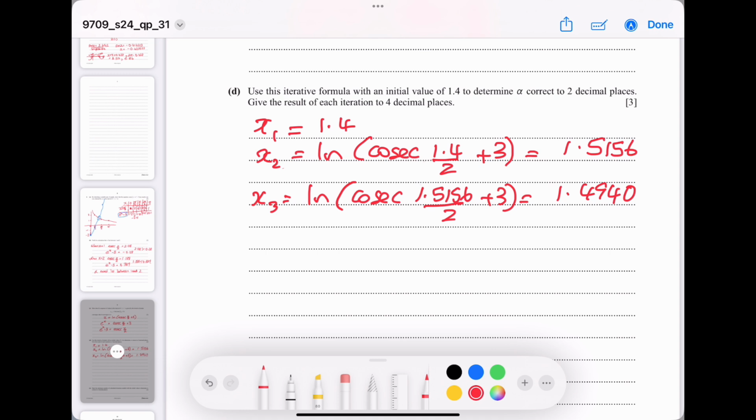1.4940. Now it would be useful at this point, once you've entered your original calculation, to change this portion on your calculator to use the ANS, or the answer button. That means you can just keep pressing execute or enter to find your next value in the iterative sequence.